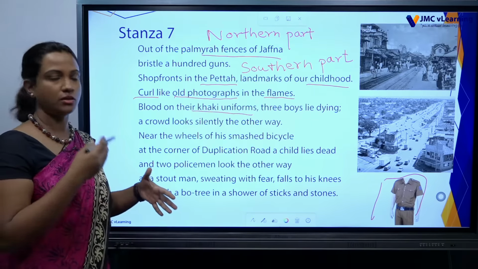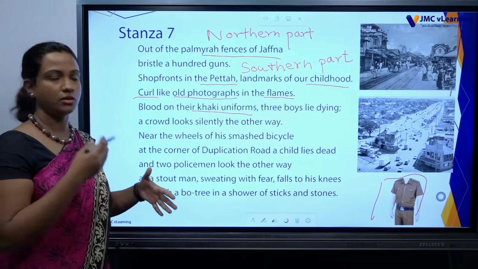And where is the boy? The child lies dead at the corner of Duplication Road, and his bicycle is smashed. And 2 policemen look the other way. What is this all about? The 2 police officers are obeying the rules of the government, right?